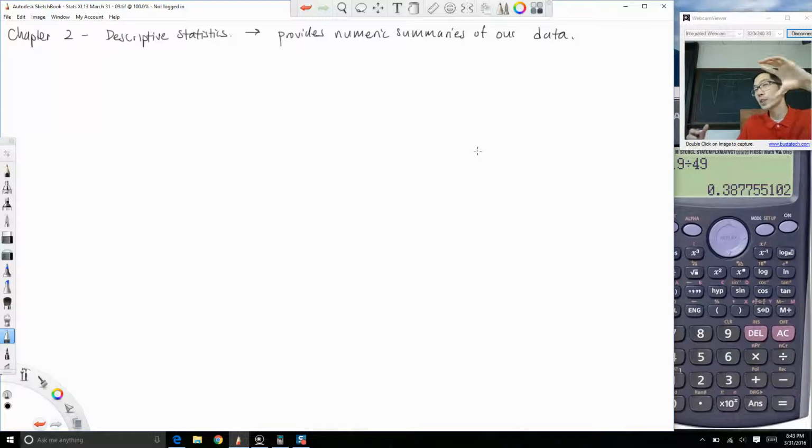Think of your data as this big entity, perhaps a little complicated or complex, and we're just trying to summarize it with one or two numbers.